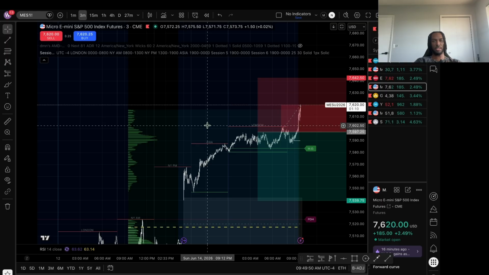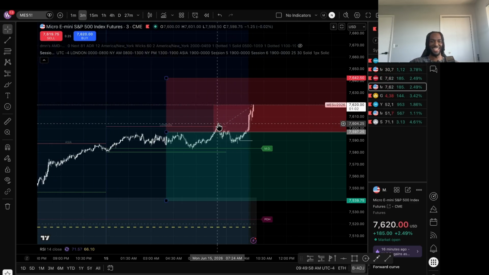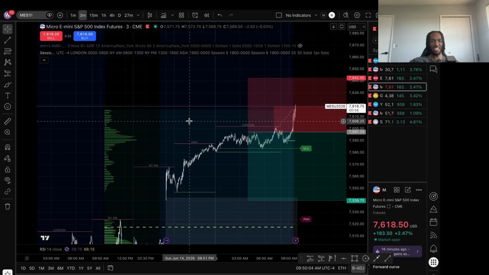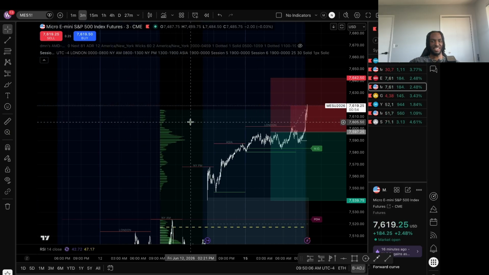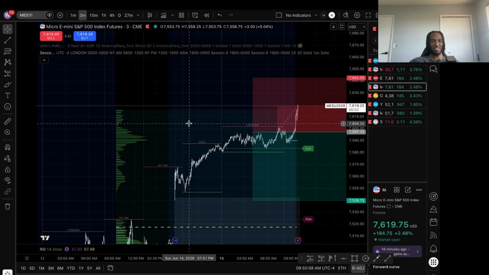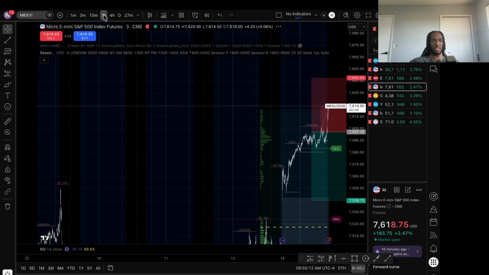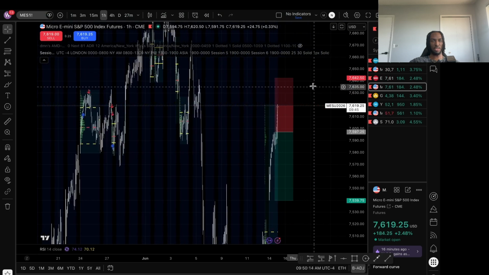Yo, you still liking this? Hell no. I think I still think it's gonna sell, but I don't know how much for sure. The only thing I can see coming down is the liquidity sweep, the next one. Oh wait, you're talking about the hourly liquidity?